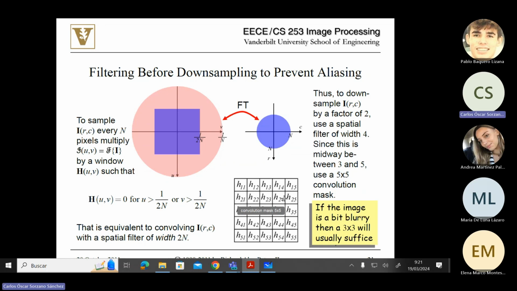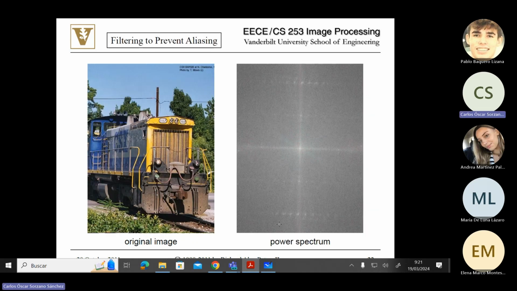And then you may crop. This is what is discussed here. The sinc goes from minus infinity to infinity, but you don't necessarily have to make the convolution with all of it, so you can crop your kernel if you want. Let's see how it goes.